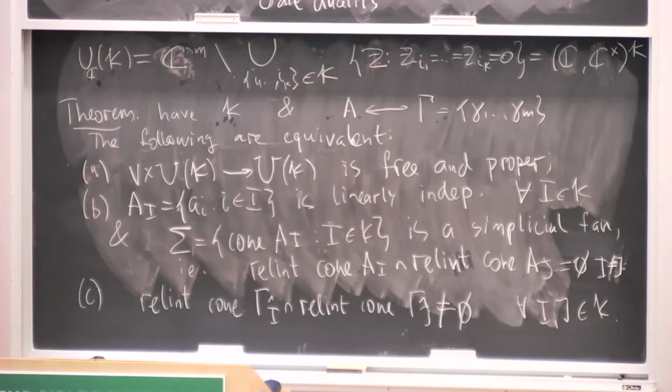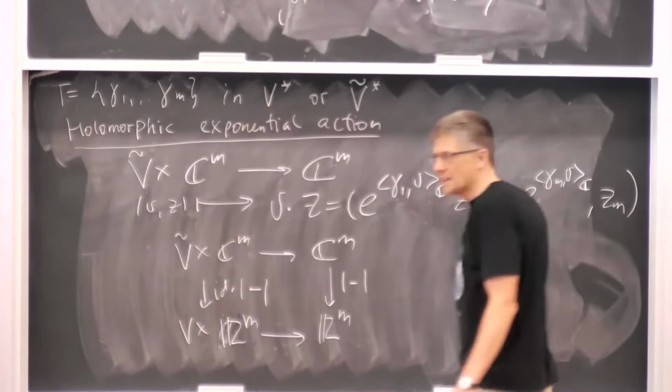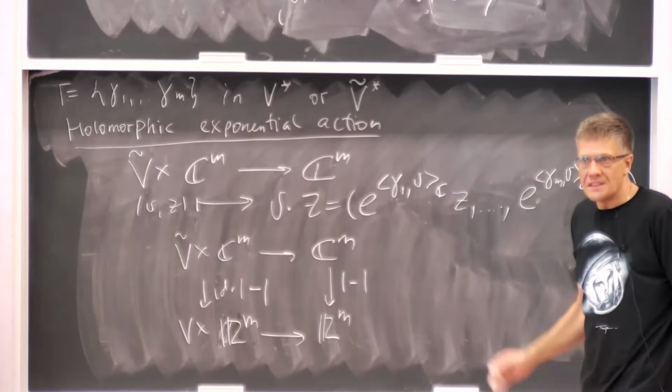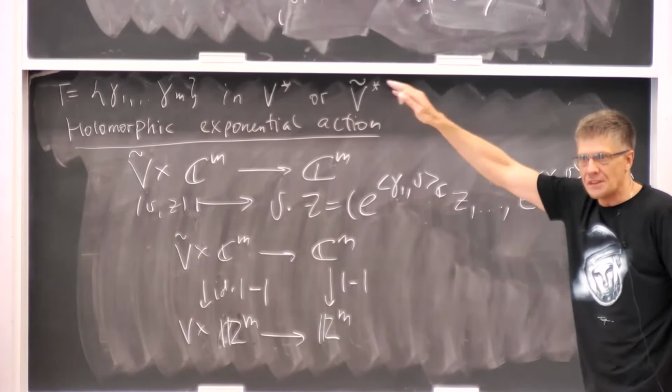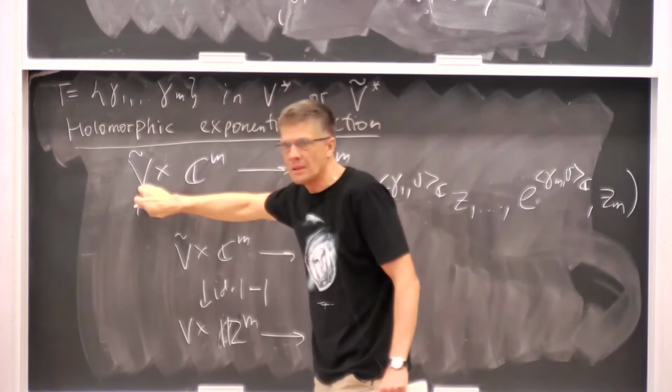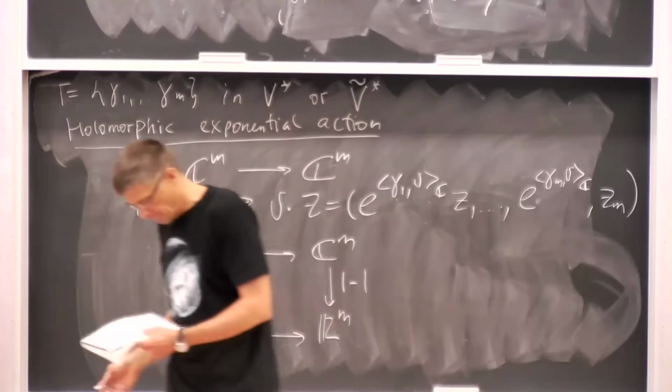Or you can think, starting from the beginning, you act by a complex vector space and use a complex pairing here. We wrote all these things to relate this holomorphic setup to the real setup, but otherwise you can just start with the action of a complex space on a complex space.